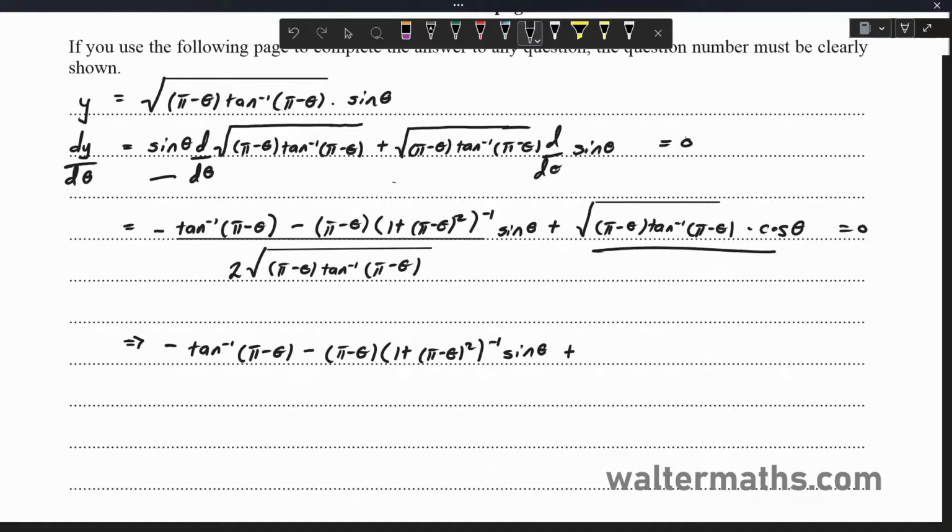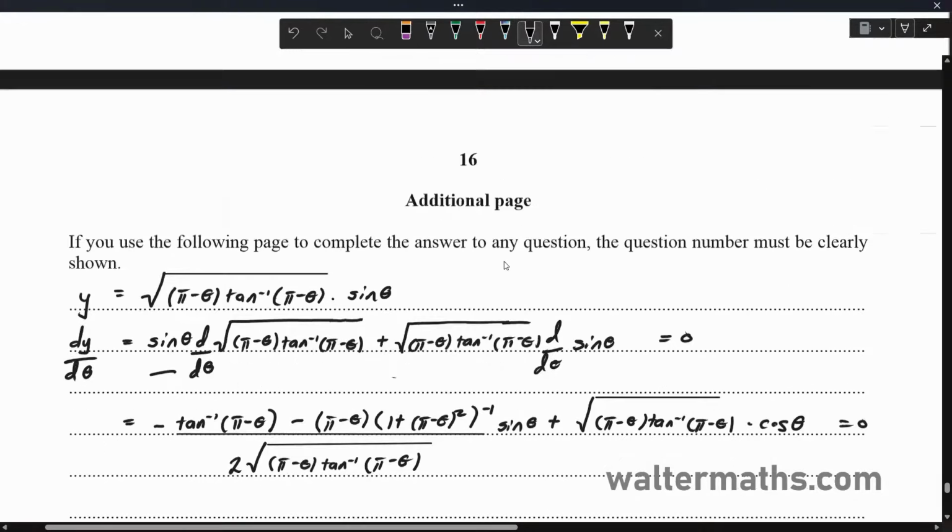If we multiply this thing by this denominator, we will be having 2 of pi minus theta of arctan of pi minus theta of cos theta, and all this is equal to 0.